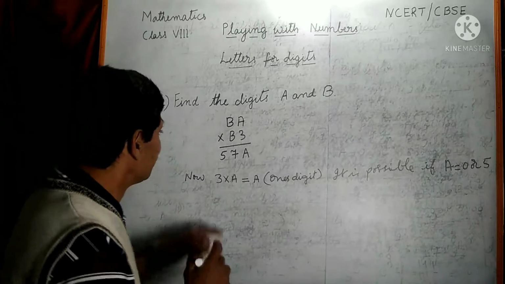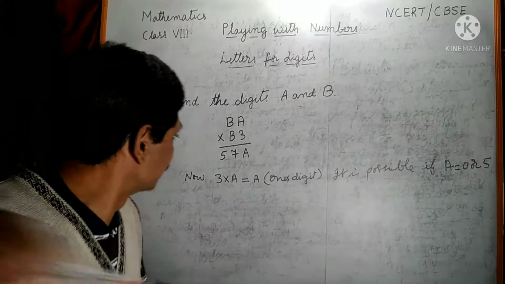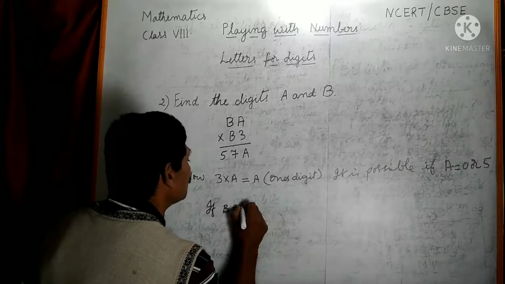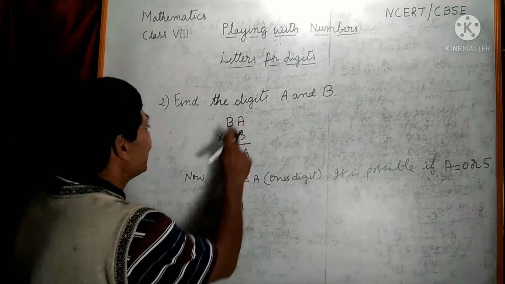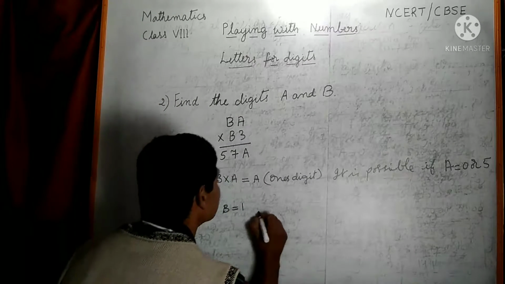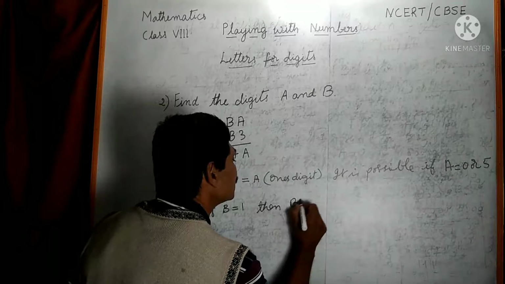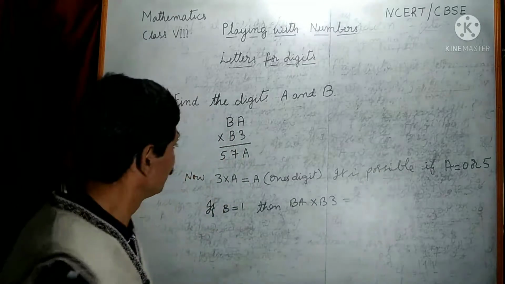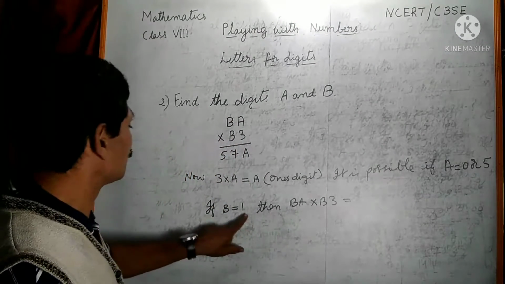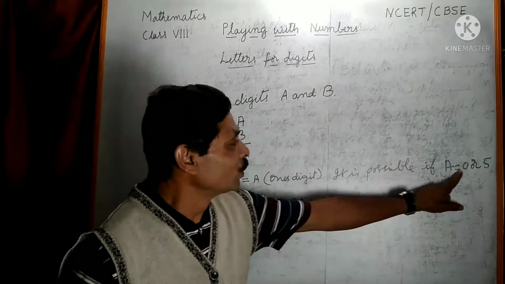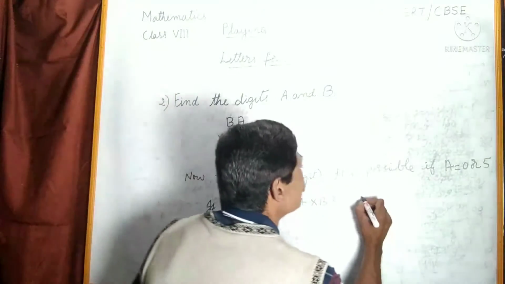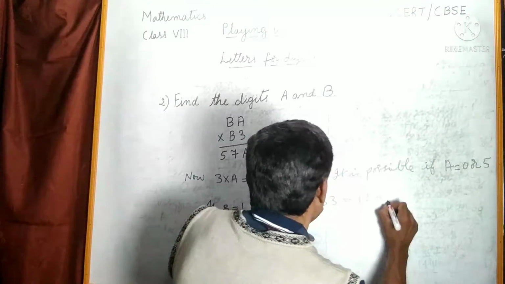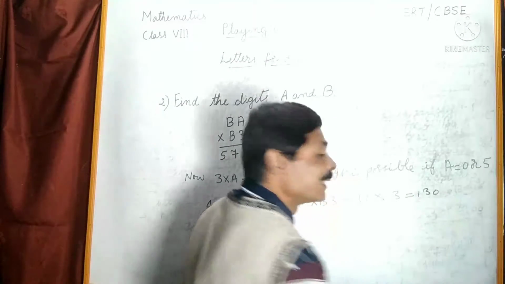Now look at B. If B is equal to 1, BA into B3 will be, substituting the values, B is equal to 1 and A is equal to 0, 10 into 13 is equal to 130.